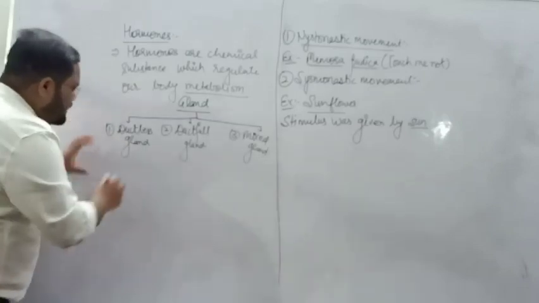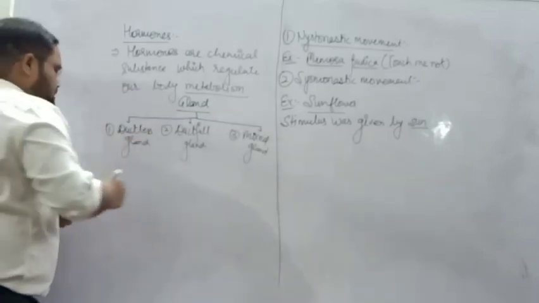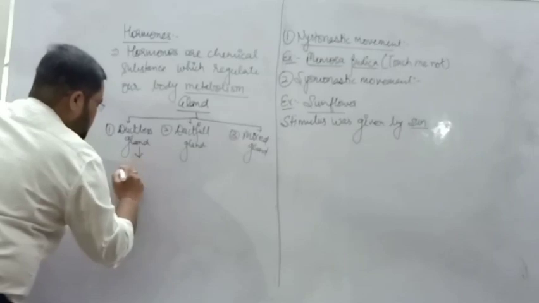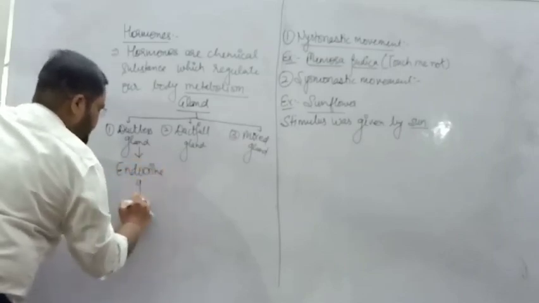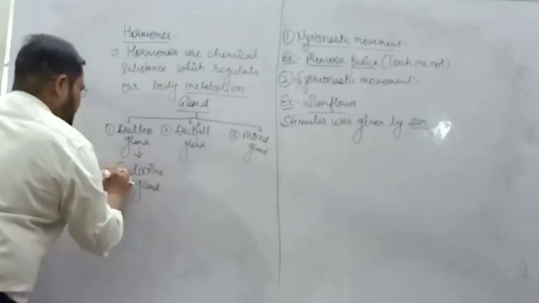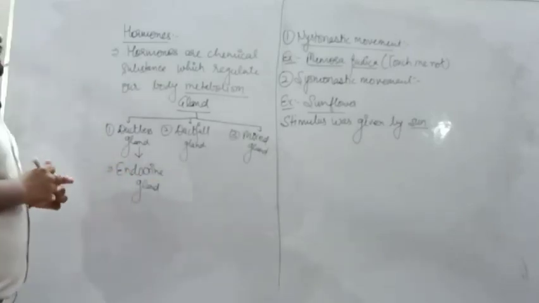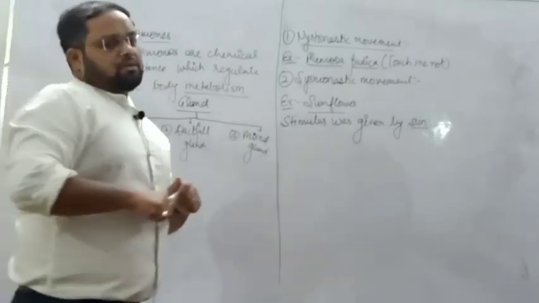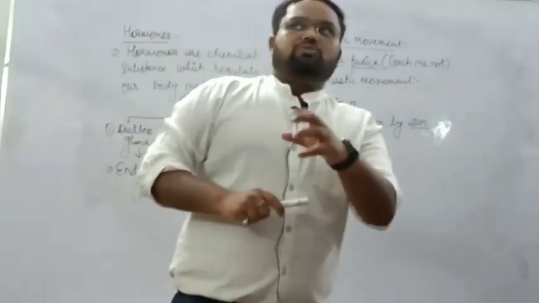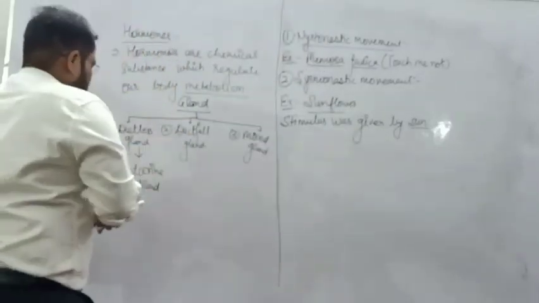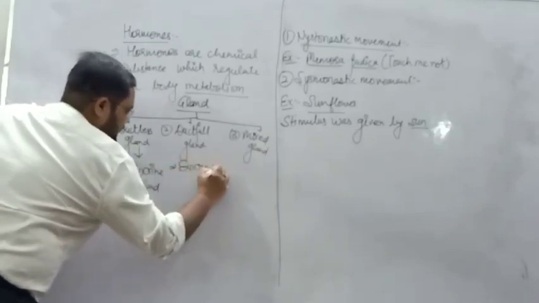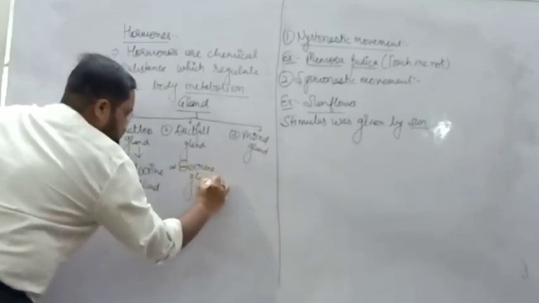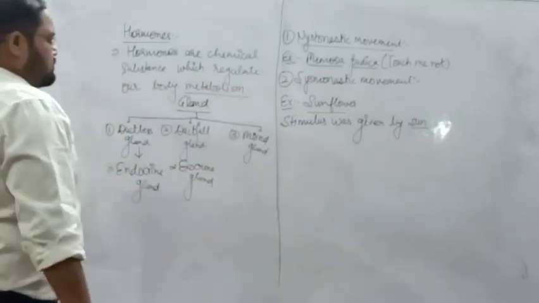The gland in which the duct is absent is called endocrine gland. This endocrine gland is in your syllabus. The gland with ducts is called exocrine gland. Exocrine gland is not in your syllabus.